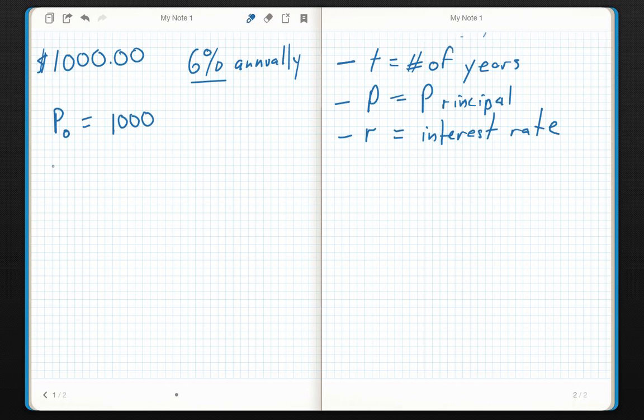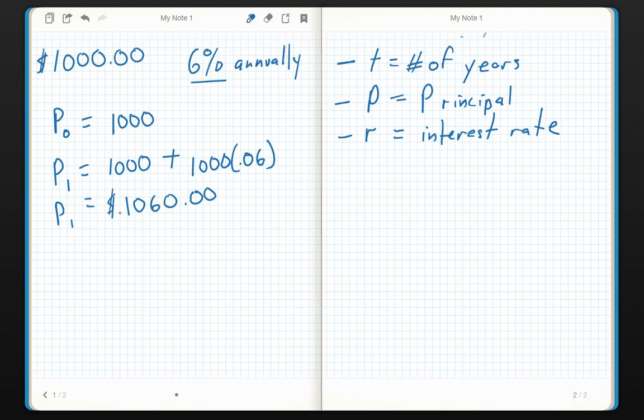Now, to find out what we have after 1 year, P1, we still get to keep our $1,000, of course, plus we get the interest, which is $1,000 times 0.06. So we have $1,000 plus $60, which is $1,060. So P1 equals $1,060.